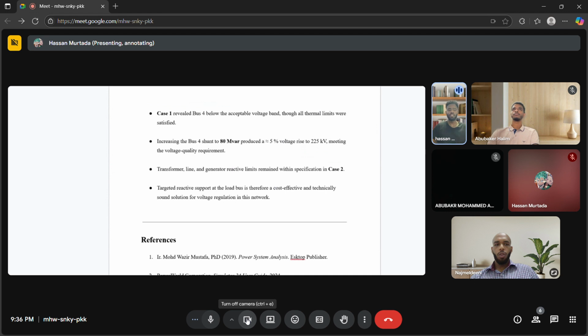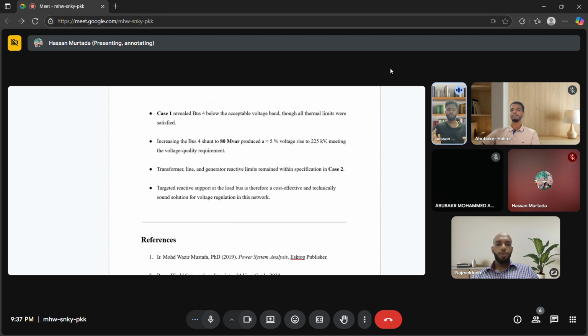Okay, so from this study, we learned that reactive compensation is a very powerful tool when used correctly. It not only improves the voltage profile, but it also reduces upstream Q demand, lowers system losses, and extends equipment life. Also, Newton-Raphson is very effective even in larger systems, as long as your model is accurate and your starting guess is reasonable.